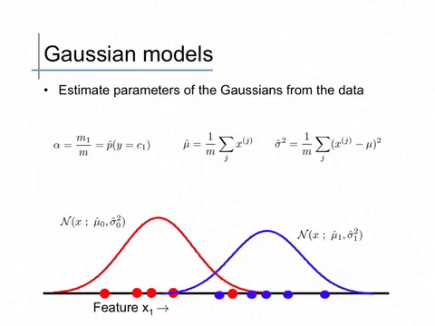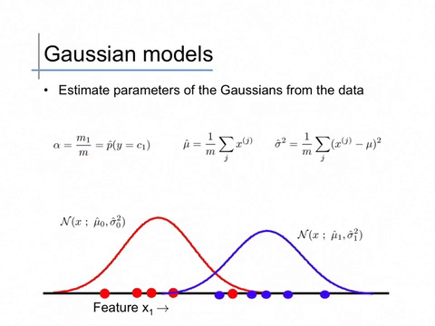simply by estimating the parameters of that Gaussian using the training data. So for instance, here we might estimate the probability of each class by using the fraction of data in which we saw class 1 divided by the total number of data. And for each class, we would then estimate the parameters of, say, a Gaussian model.